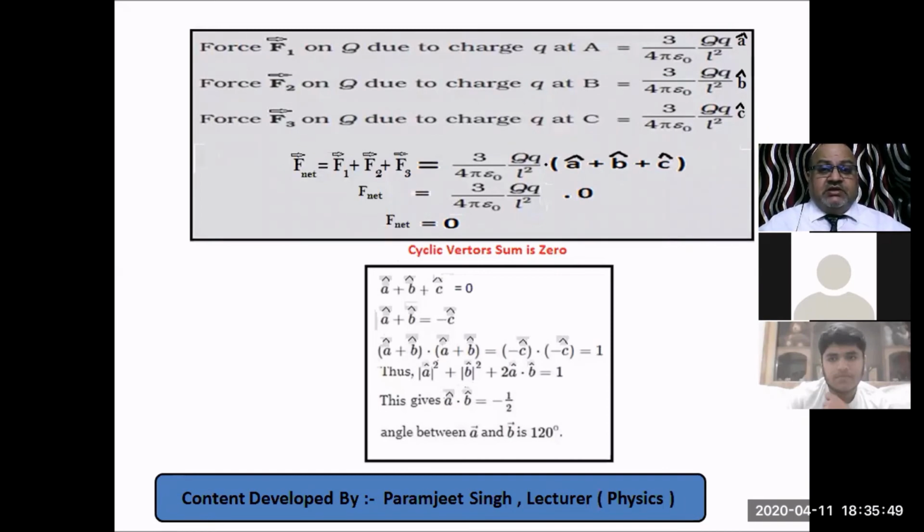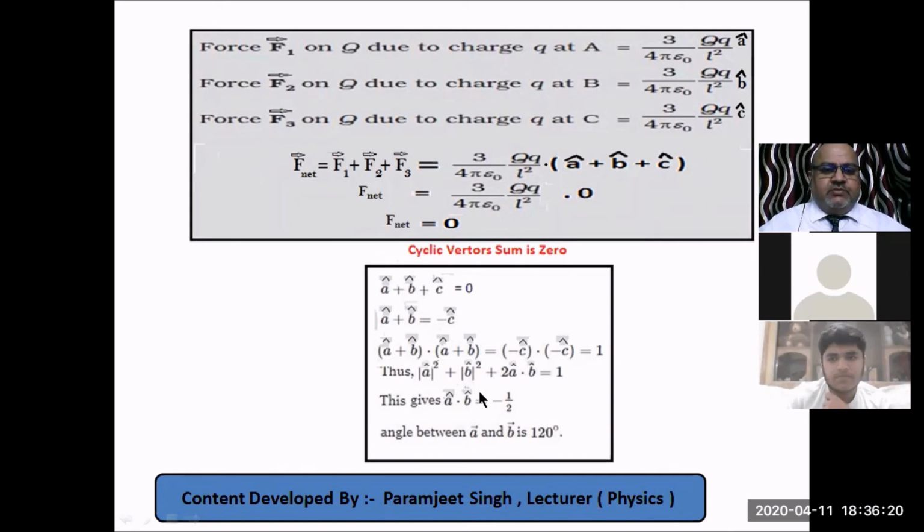So the scalar product of similar unit vectors will give 1. Now solve this. A plus B whole square gives the square of A cap vector, the square of B cap vector, and 2 A cap dot B cap. Now the square of a unit vector has magnitude 1, so this will be 1, this will be 1, 1 plus 1 is 2. The 2 will go to the right hand side, 1 minus 2, we get minus 1 on the right hand side.